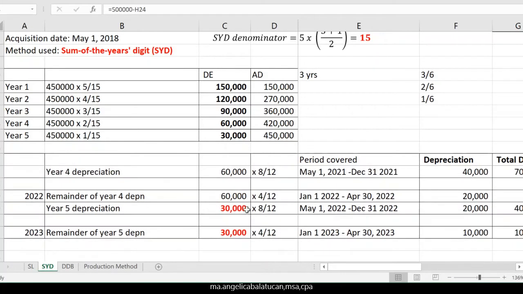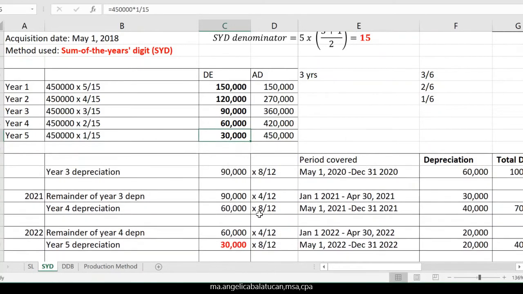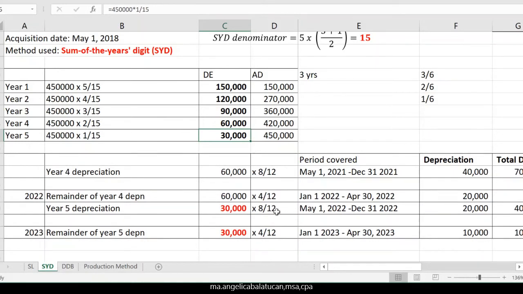Okay. So the last year here would be, this would be 30,000. So you have 30,000 times 8 over 12 is 20,000. Okay. Again, why 8 over 12?